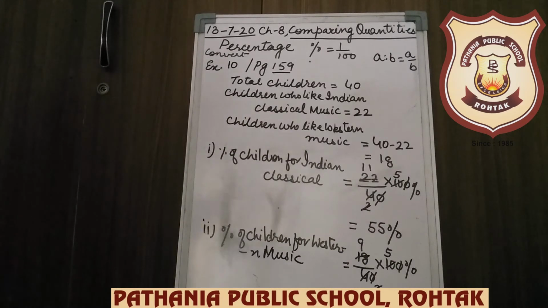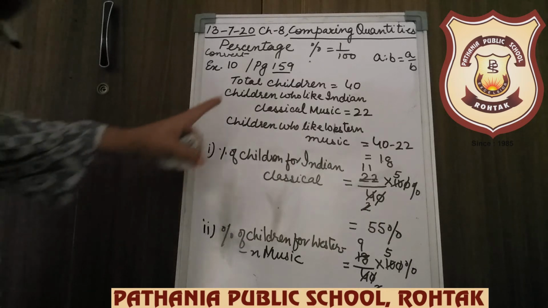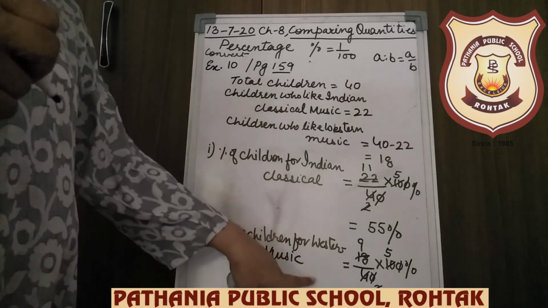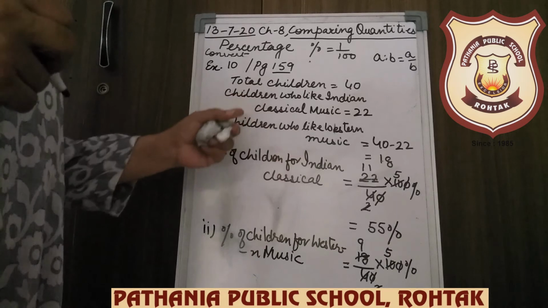This is your 45%. So in this manner, you are going to calculate the percentage of the children for different likings.